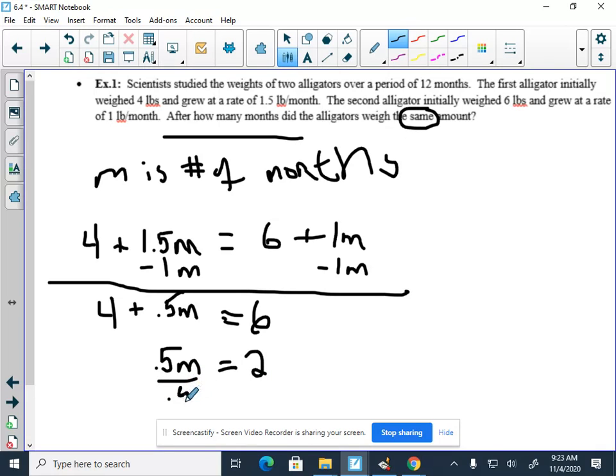Now here's the tricky part. A lot of people mess up. I'm going to show this work.